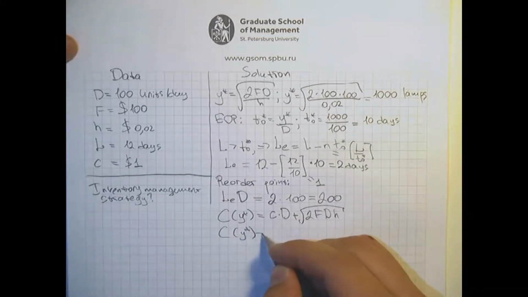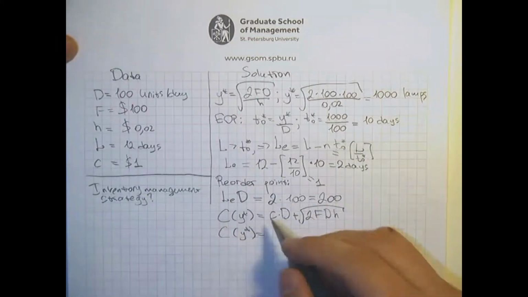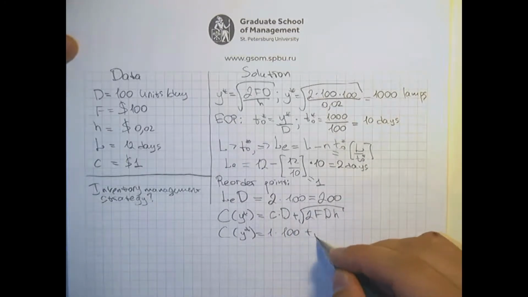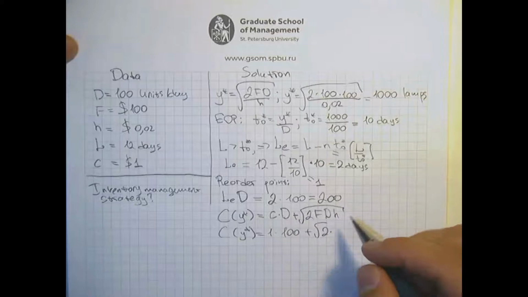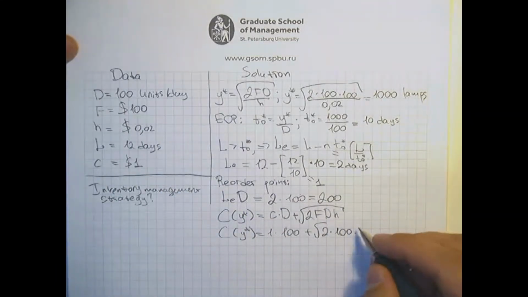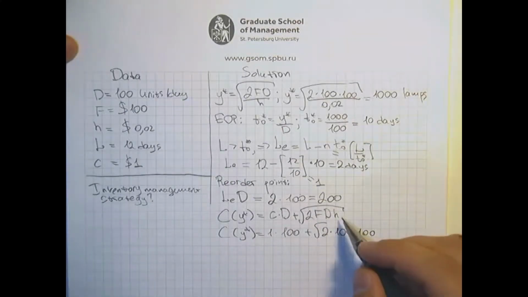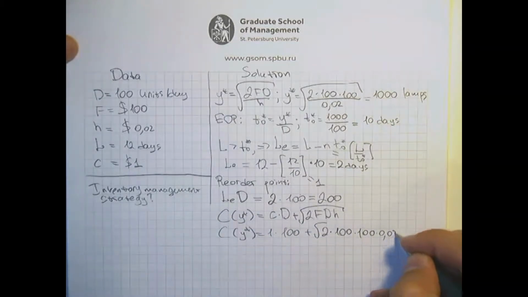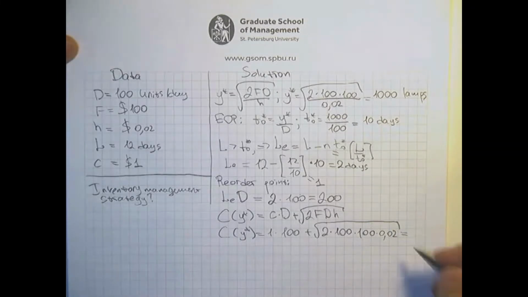Therefore, we get C, which is $1, times D, 100, plus the square root of 2 times F, which is $100, times D, which is 100 units per day, times H, which is 2 cents. And the result will be $120 per day.